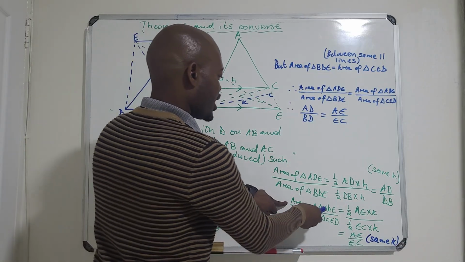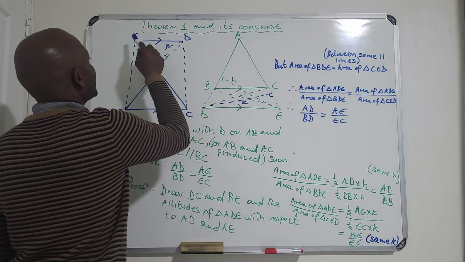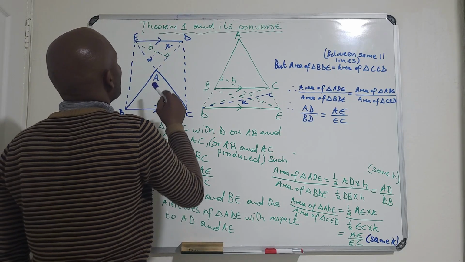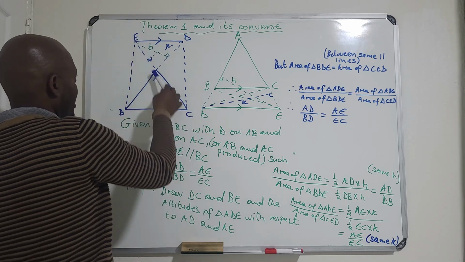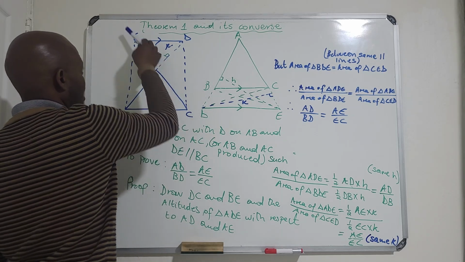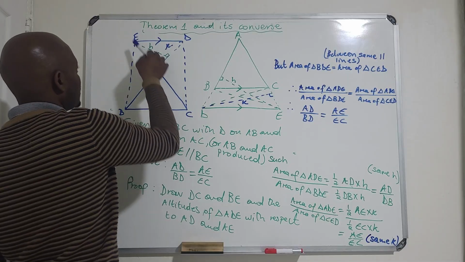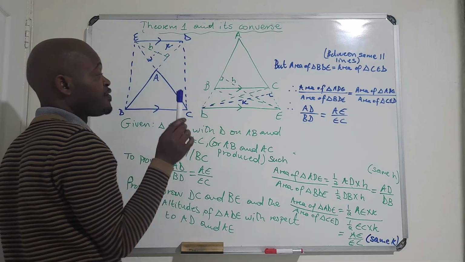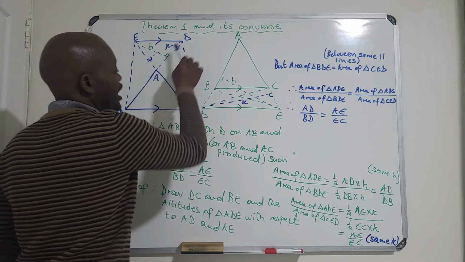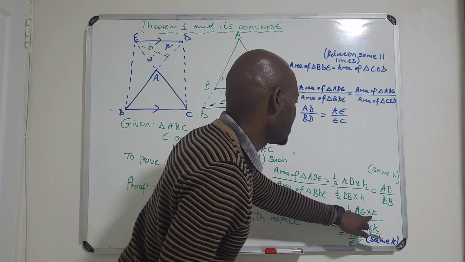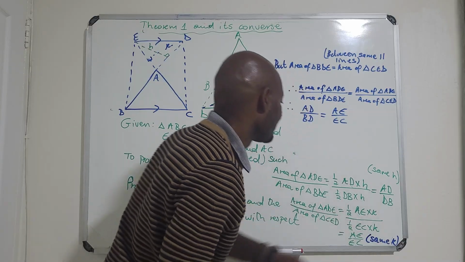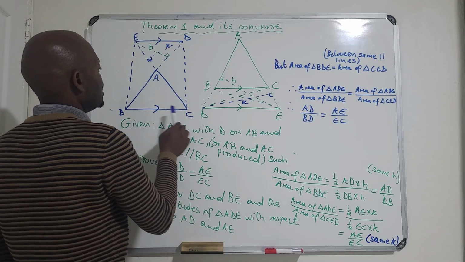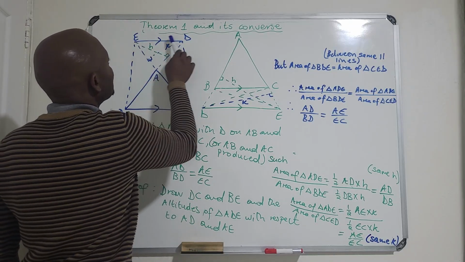Now, the area of triangle ADE is equal to half AE times K, because the base now is this one with respect to this height. Half AE times K over the area of triangle CED.